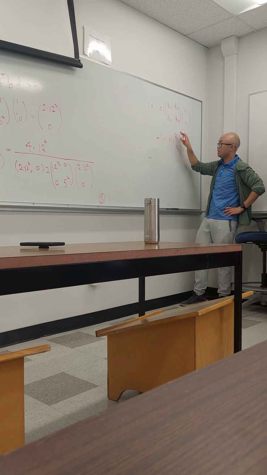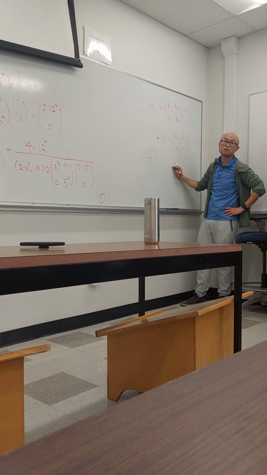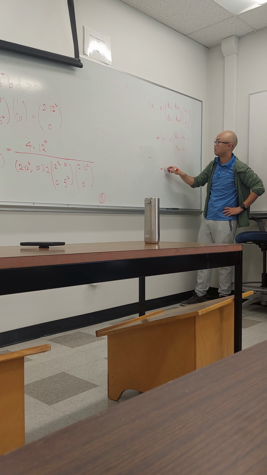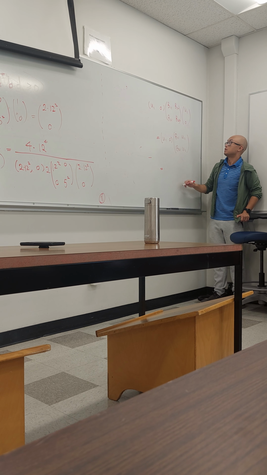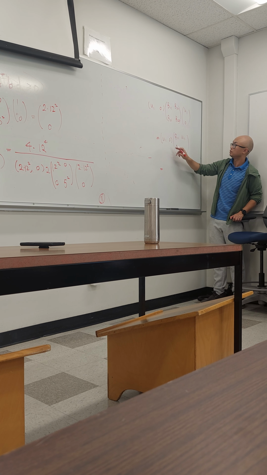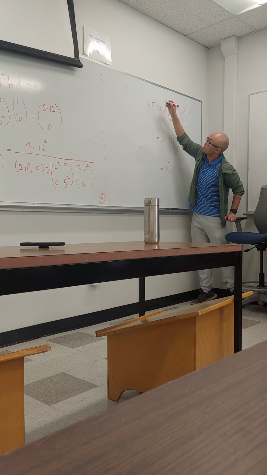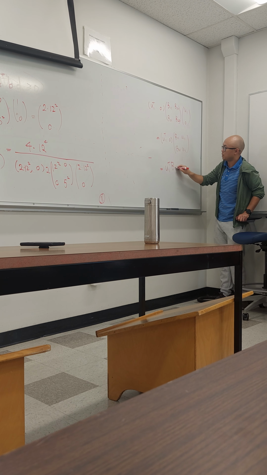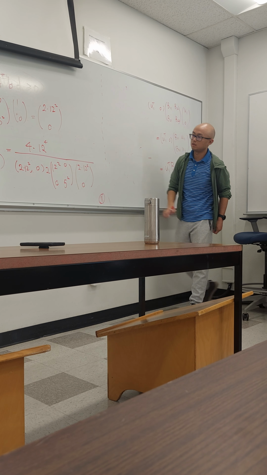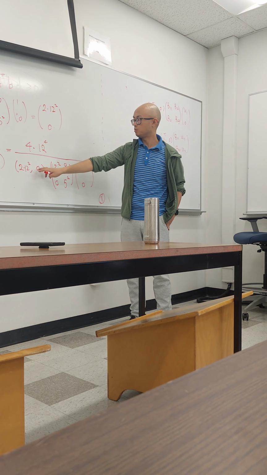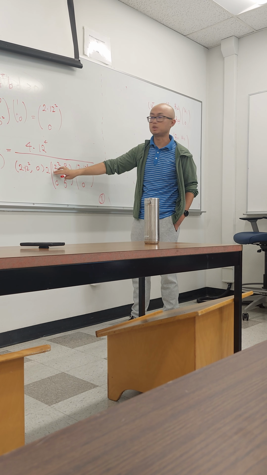But when this multiplies with the zero, the second term will be 0. So we're left with U1 transpose, B11, U1. When this is 0, only the first term got counted.